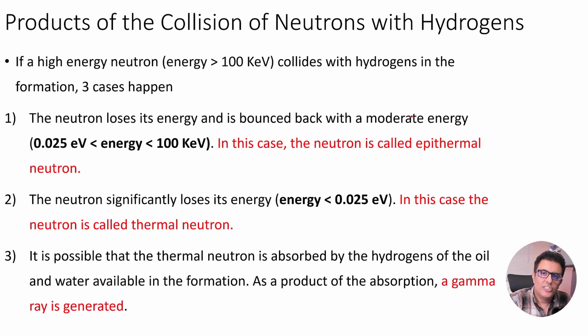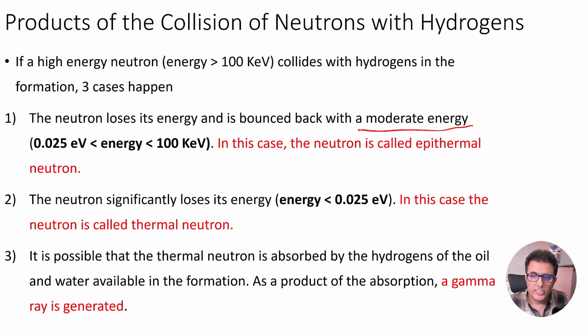As a result of collisions of neutrons with hydrogen nuclei, we may have three different scenarios. In the first scenario, it is possible that the energy of the neutron is attenuated, but not that significantly, and therefore we're going to have a moderate energy neutron. When we talk about a moderate energy neutron, it means a neutron whose energy lies between 0.025 electron volt and 100 kilo electron volt.